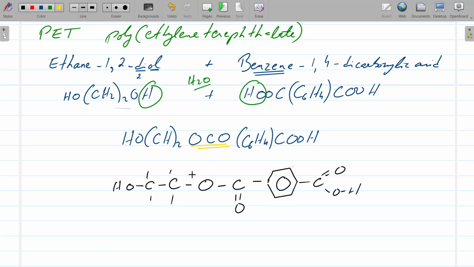And this linkage, just like we saw the amide link, right? This is called the ester link. And so based on that link, these guys are called polyesters. I'm sure you've heard of polyester, right?